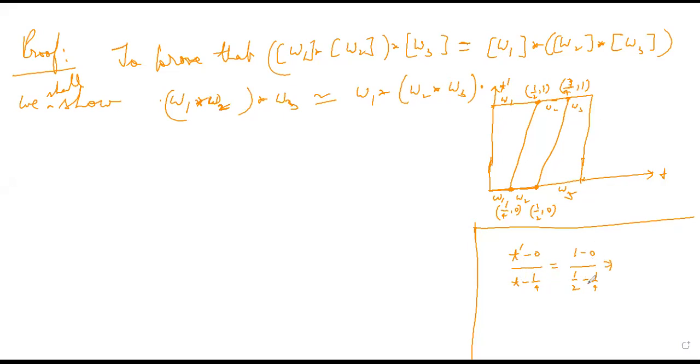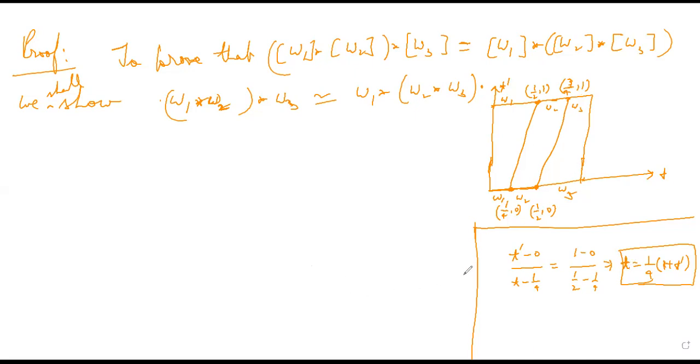This is 1 upon 1 upon 4, so this is 4 basically, and then we have actually t equal to 1 upon 4 into 1 plus t prime. So this line is given by this.